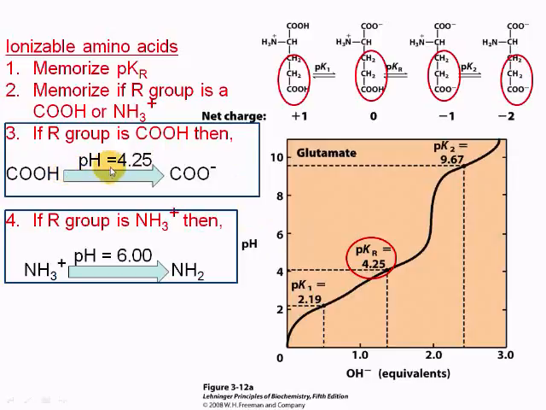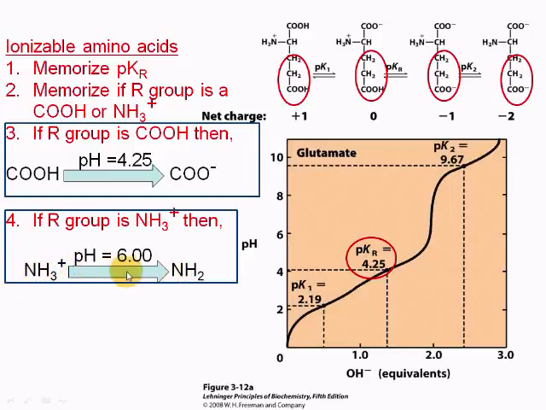That means that below a pH of 4.25, it's going to be protonated, and above a pH of 4.25, it's going to develop a charge. It's going to have lost its proton. If the R group is NH3 plus, then we always write NH3 plus on the left. We always start with NH3 plus.